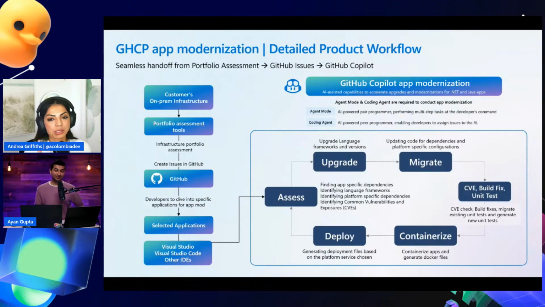Okay, wait. So using this tool is very different than me just opening the Copilot chat and saying, "Hey Copilot, upgrade my Java version." Yes, maybe someday in the future we'll get there, but right now this tool is part of a larger overarching workflow when it comes to migrating and modernizing applications.